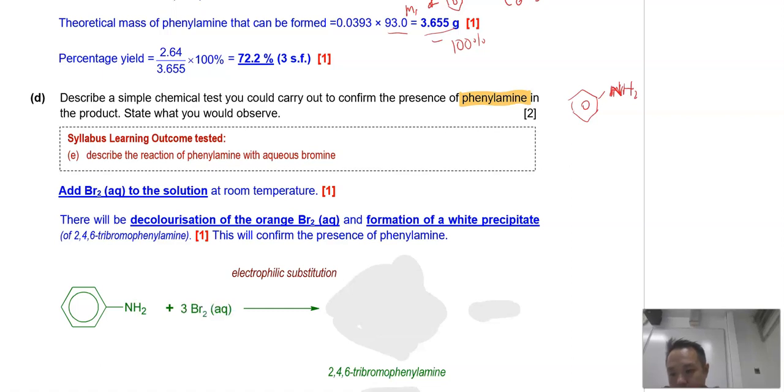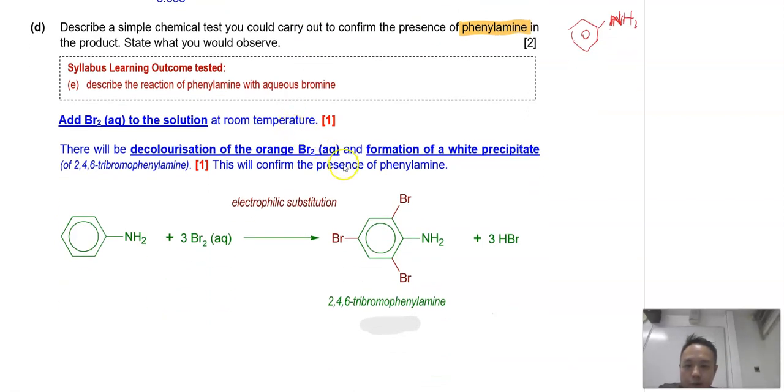Alright, so take note, in this case you need 3 bromine atoms, you get a tri-substituted product, and this will confirm the presence of phenylamine. Yes, it appears as a white ppt. Alright, your phenol, take note, will also work the same way. So you have your 2,4,6-tribromophenol, you also have the decolorization of orange bromine, and the formation of the white ppt.